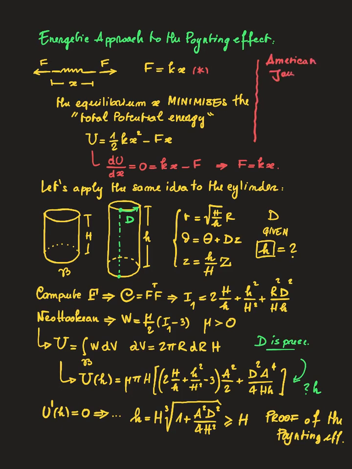Look for the article, The Poynting Effect. It describes the whole story in detail, and it also gives you some nice historical references on this very interesting problem of elasticity.